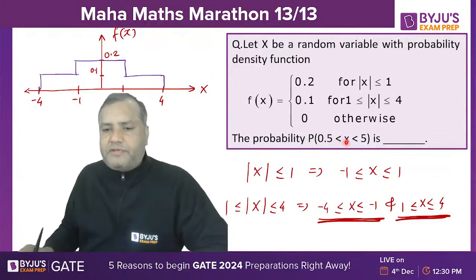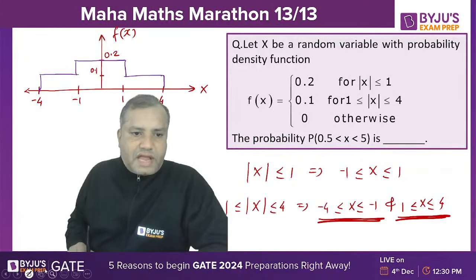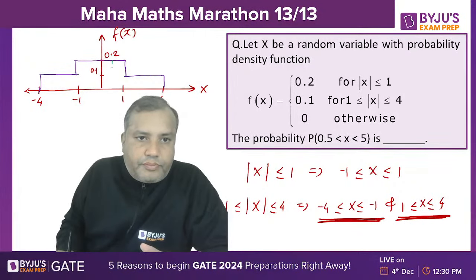You want the probability for x lying between 0.5 to 5. 0.5 is here and 5 will be somewhere here.